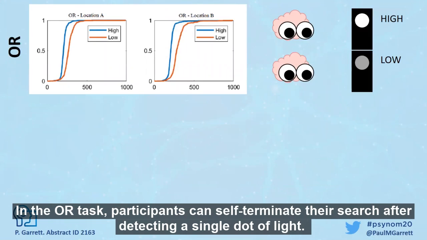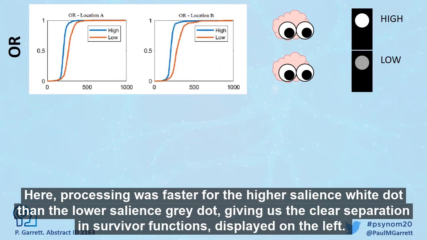In the OR task, participants can self-terminate their search after detecting a single dot of light. Here, processing was faster for the higher salience white dot than the lower salience gray dot, giving us the clear separation in the survivor functions displayed on the left.